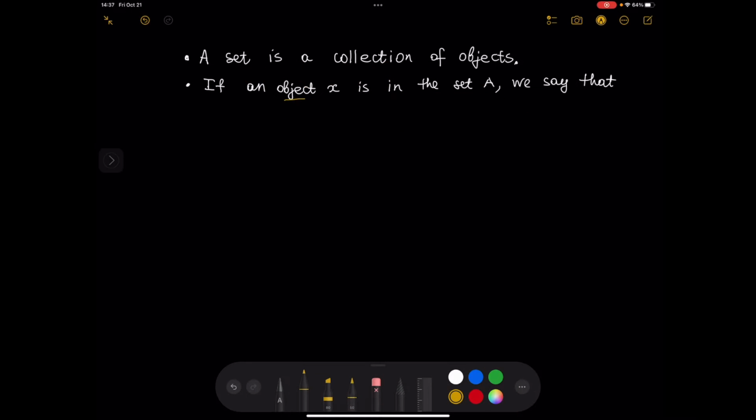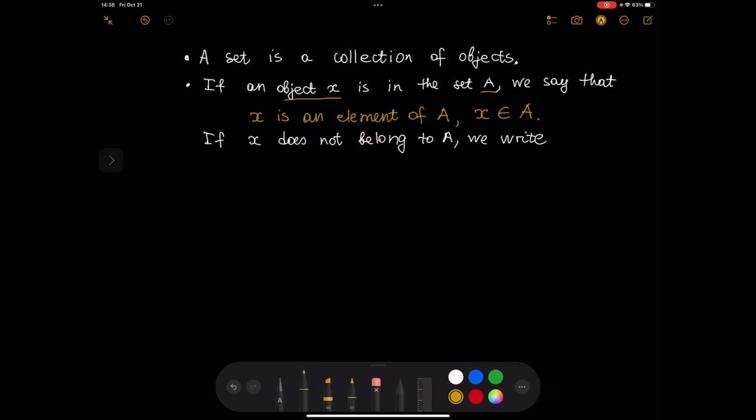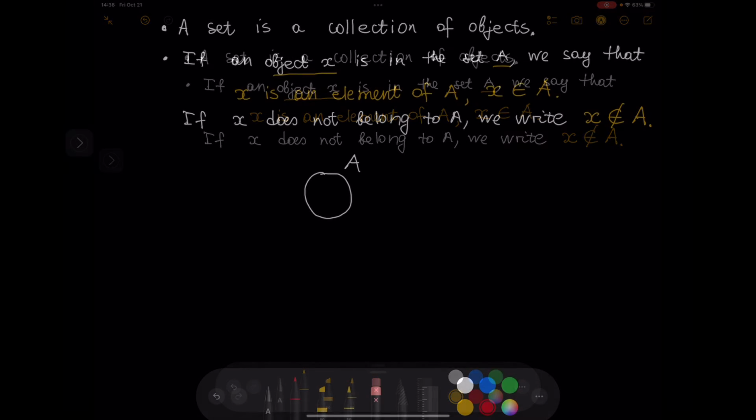So if an object x is in the set A, we say that x is an element of A, and we write x in A. If x does not belong to A, we write x not in A.